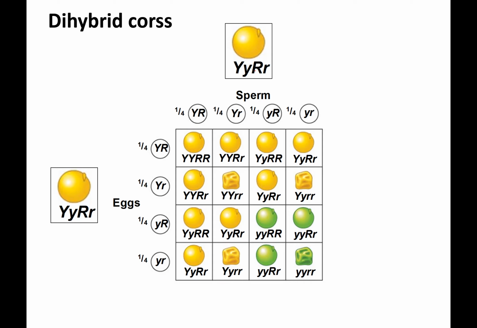So big Y, little y, big R, little r. You figure out the gametes. You put them up and down the sides of your Punnett square, and keep your gametes outside of the Punnett square. The Punnett square is for the offspring.